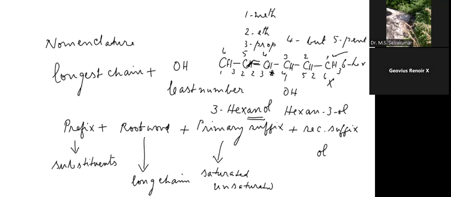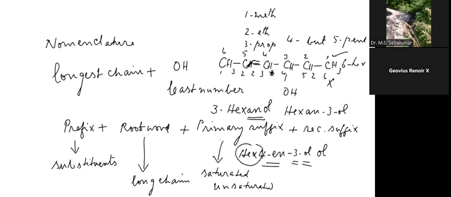Hex-4-en-3-ol. So in the fourth position, unsaturation is there. And in the third position, alcoholic group is there. And totally 6 carbons are attached. So prefix, root word, primary suffix, secondary suffix.